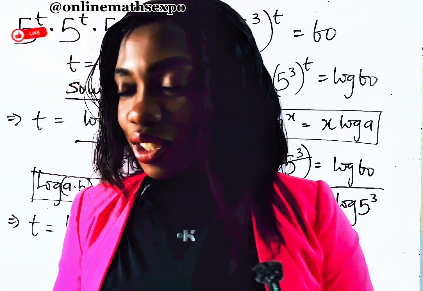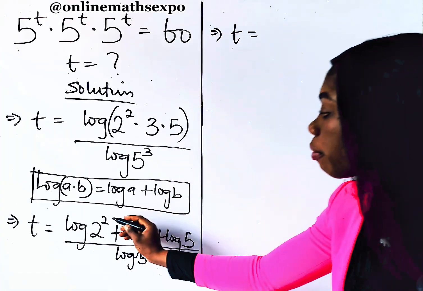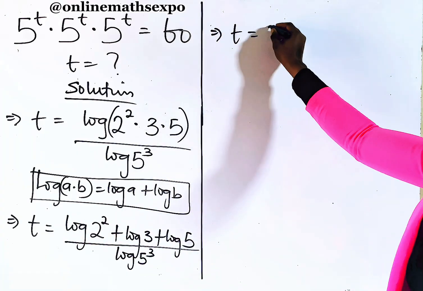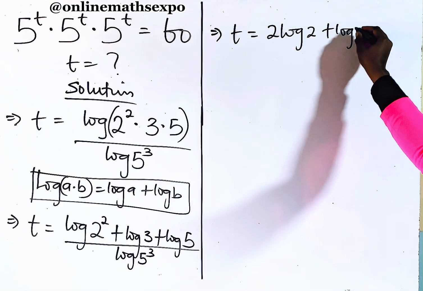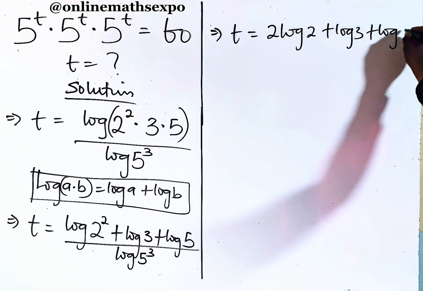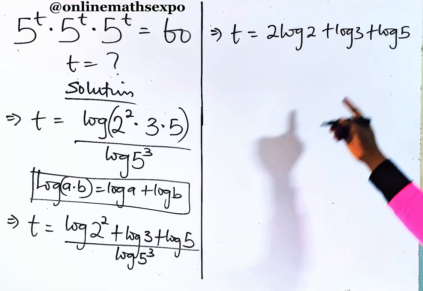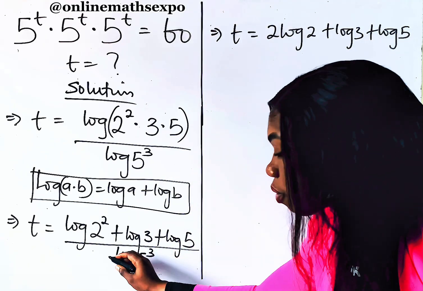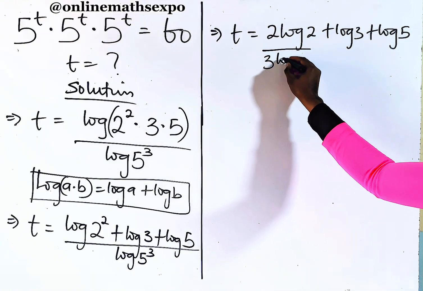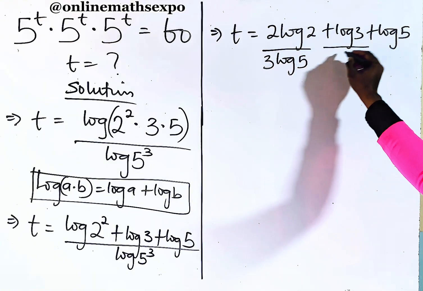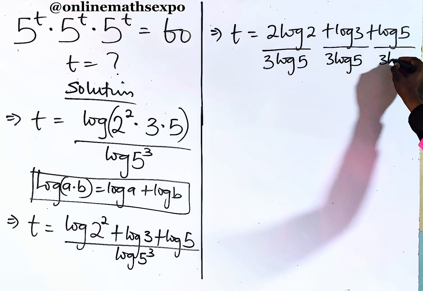Let's keep doing this to have t is equal to, remember the power multiplies, we have 2 log 2 plus log of 3 plus log of 5. We are going to use this to divide each of the numerators. Also remember that this power will multiply. So we divide this by 3 log 5, divide this by 3 log 5, and also do same here.